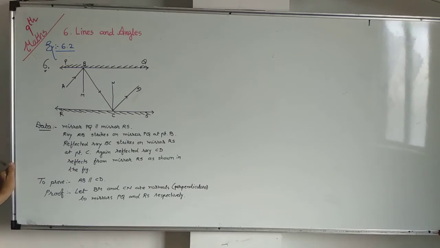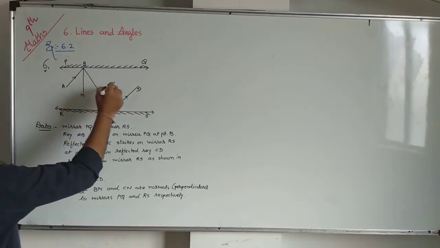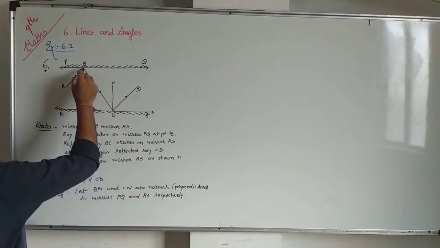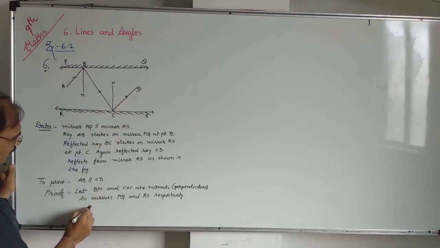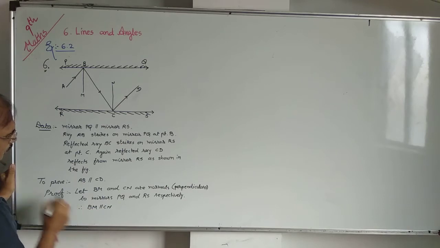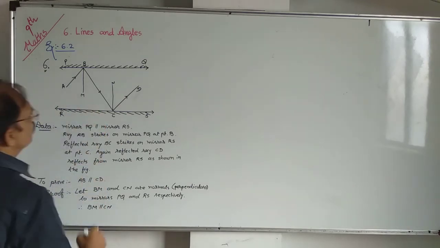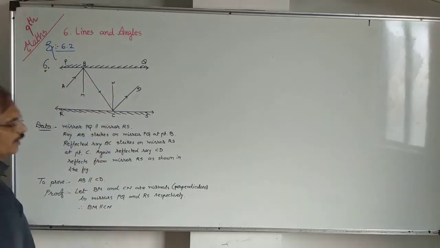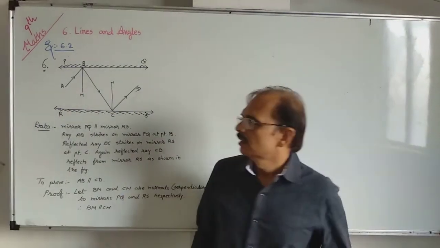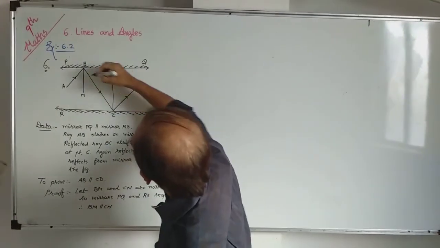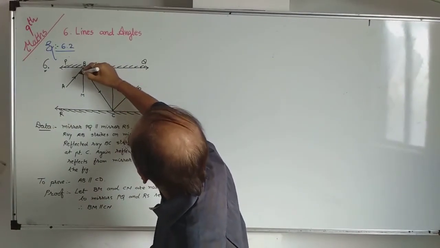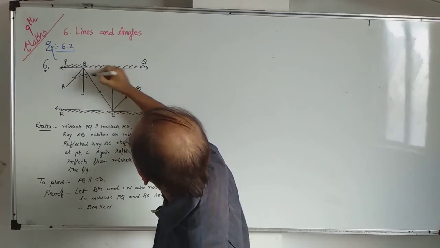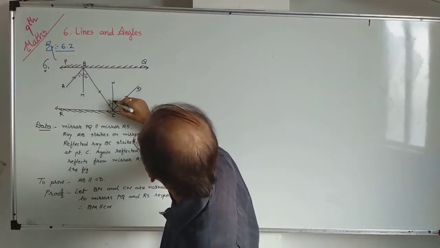Okay? Now see, if both are perpendicular or normals, we can say BM is parallel to CN. If BM is parallel to CN and BC is its transversal, then it forms these angles. Suppose this angle is 1, this angle is 2, this angle is 3, this angle is 4.